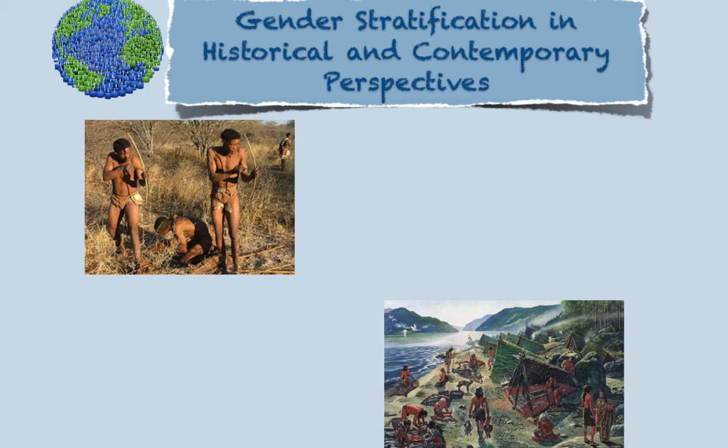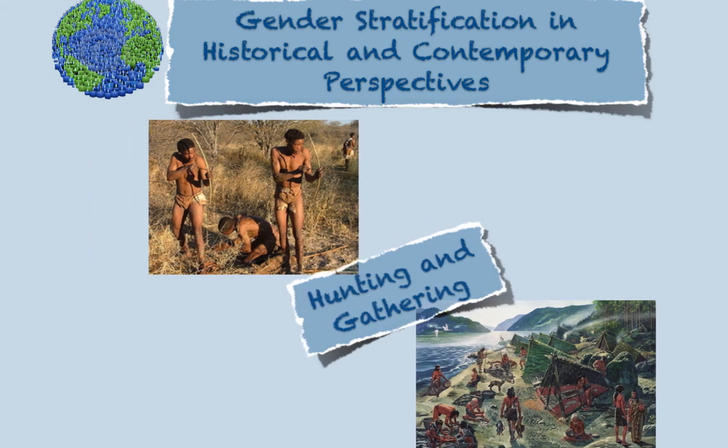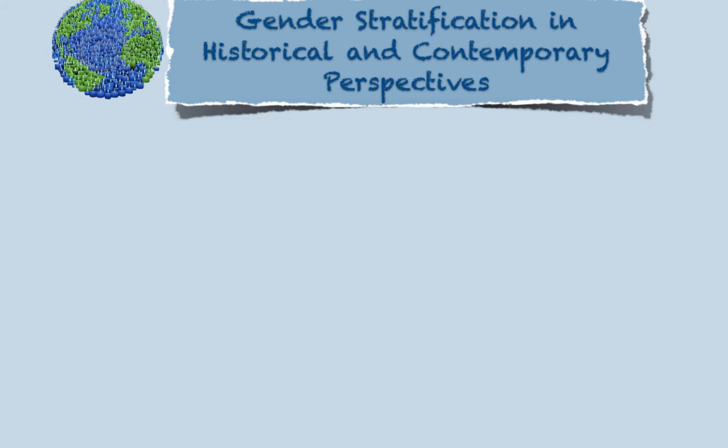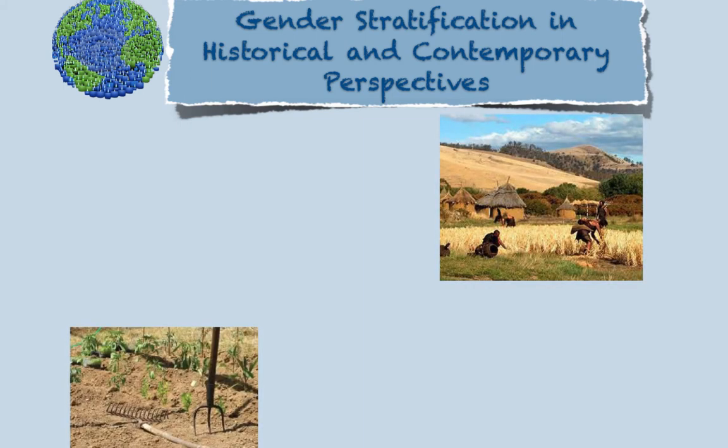Now, if we move into the times following hunting and gathering, we enter the horticultural period. Horticultural people were able to grow their own food, and women's economic contributions, which were compatible with childcare, were vital. There's a fairly high degree of gender equality because neither sex controls the food supply.